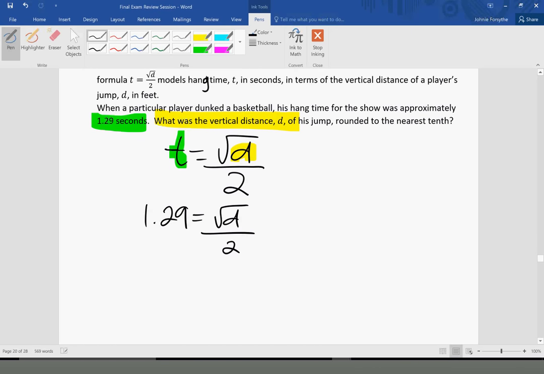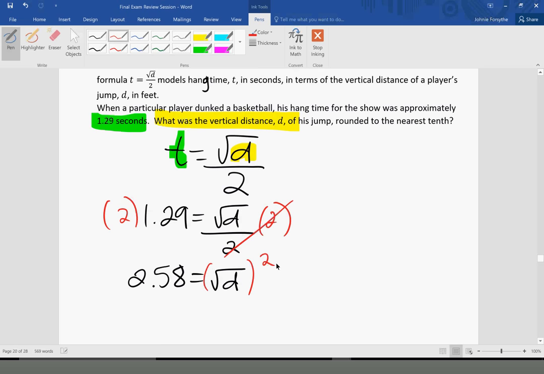So to start solving for D, we're going to multiply by 2 to get rid of that in the denominator, because that's going to cancel out. And on the left, 2 times 1.29, using the calculator, is 2.58, equals the square root of D. Now, to get rid of the square root, we're going to square it on both sides.